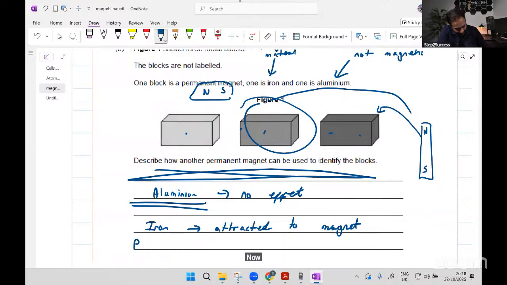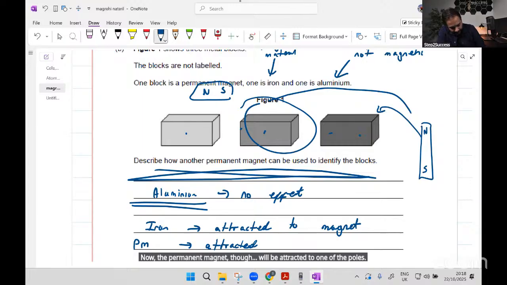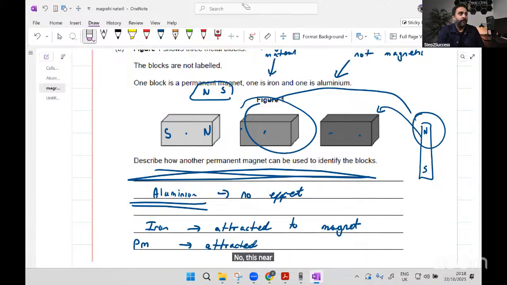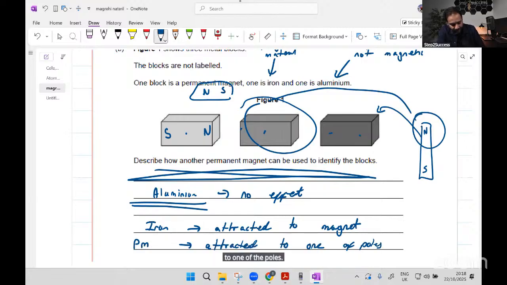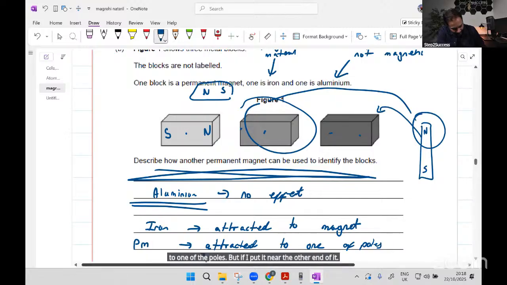Now, the permanent magnet, though, will be attracted to one of the poles. But if I put it near the other end of it, it will be repelled by the other.